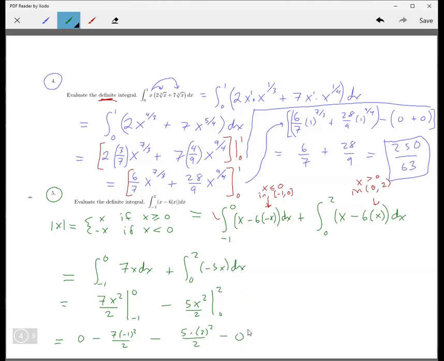Okay, so this is negative 7 halves, and this is minus, let's see, 2 squared is 4, 4 times 5 is 20, minus 20 halves. So that's negative 27 halves. That would be the answer to number 5.